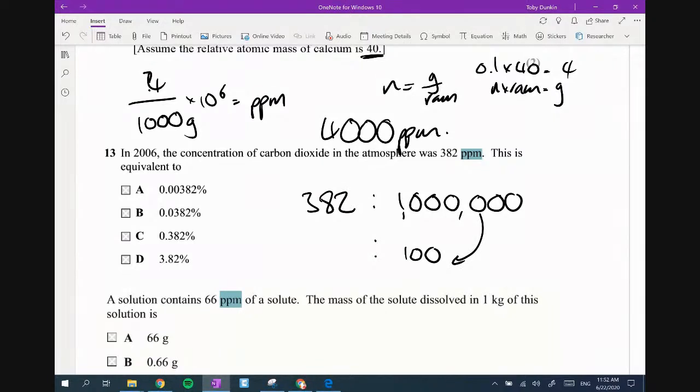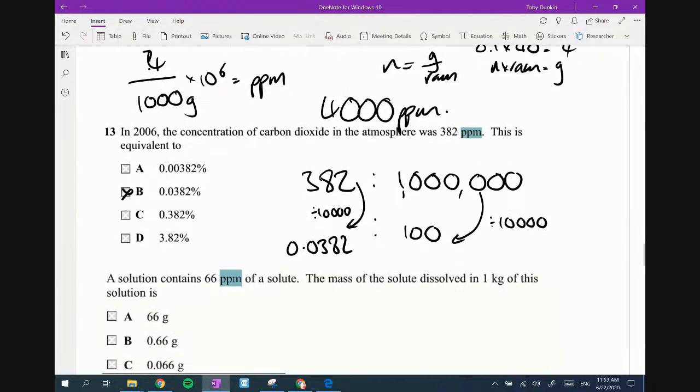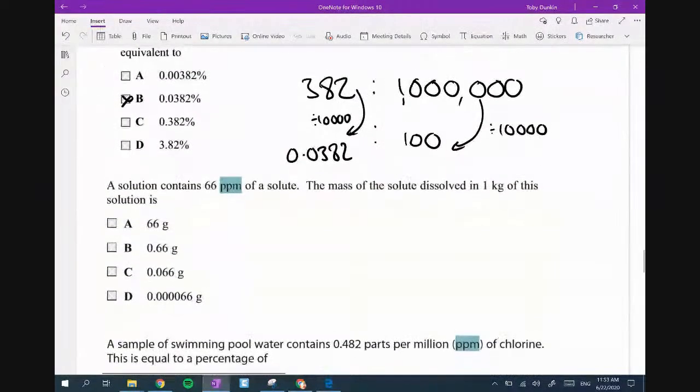To get from 1 million to 100, I've got to divide by 10,000. So I just need to divide 382 by 10,000 as well. That's a clever trick. 382 divided by 10,000 gives me 0.0382 per 100, which is percent. Percent is just per 100, yeah? So that one, B. That's genius. Just do the same thing as to get per million. Percentage is per 100. So that's really clever. Neat trick, that. Blimey.